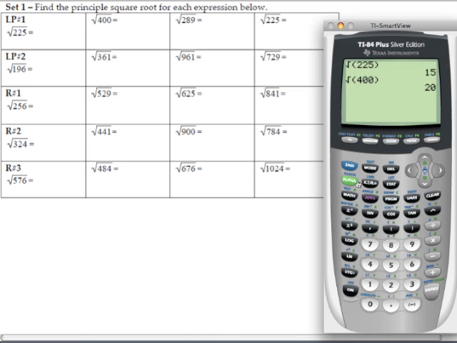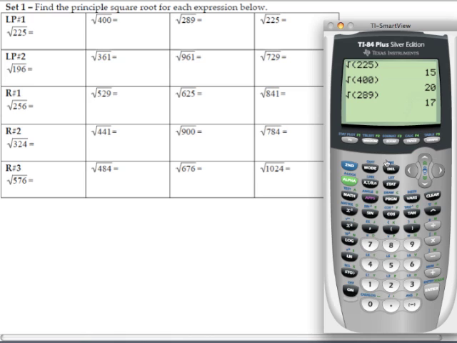The square root of 289, go second x squared, 289, hit enter, that's 17, and then the last one is 225 again. And we already know that one. That one's 15. We're not going to do it again.